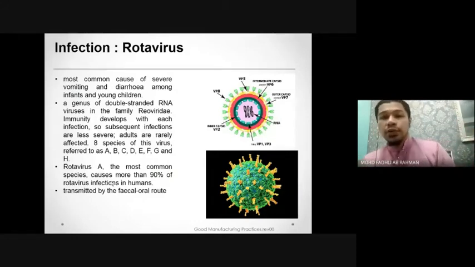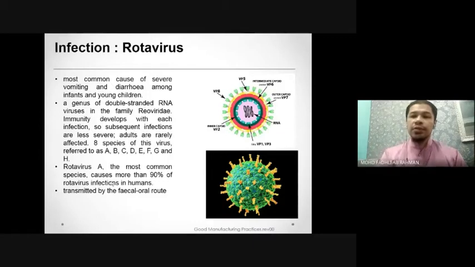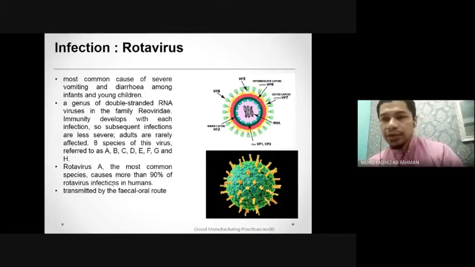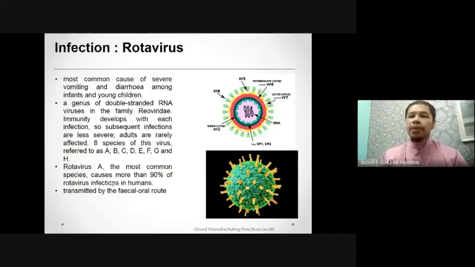Kita panggil sistem perkumuhan, and then tercemar masuk ke dalam makanan kemudian kita makan, okay, fecal oral route. So this is the first mode of how microbes affect human health, how these microbes bring illness to humans.